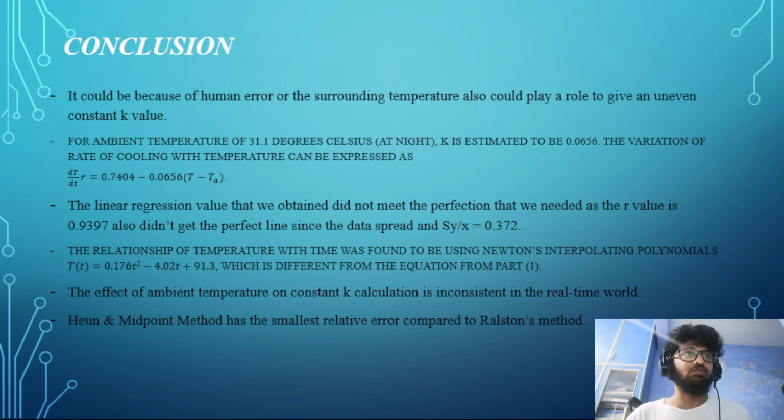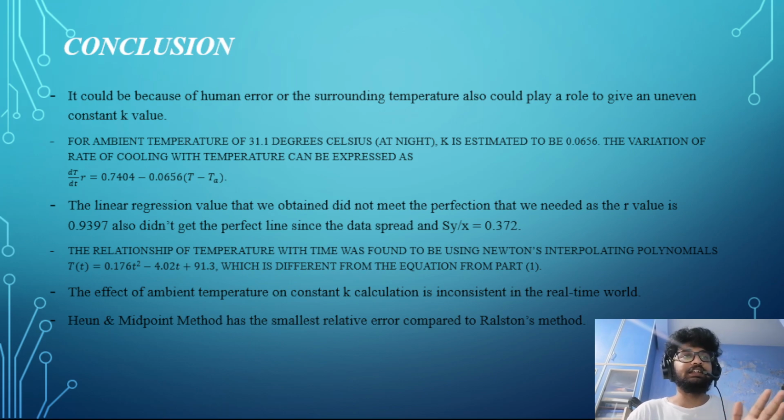The varying rate of cooling with temperature can be expressed as dT over dt equals 0.7404 minus 0.0656 in bracket T minus TA.